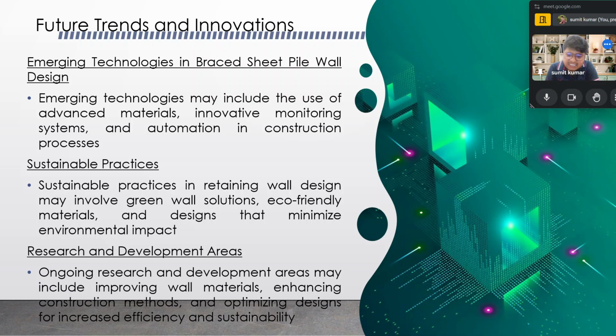As we see, research and development is going on in this area, which may include improving the wall material, enhancing the construction methods, and optimizing design for increased efficiency and suitability, as well as sustainability.